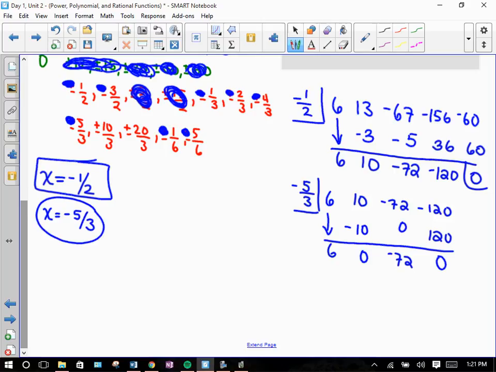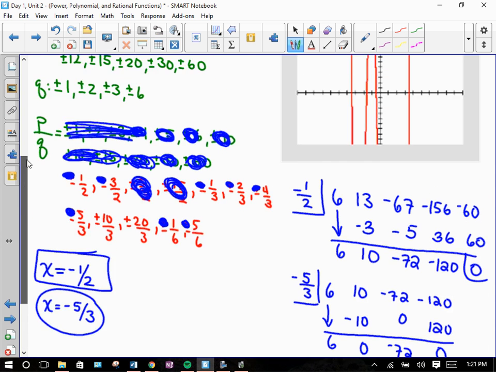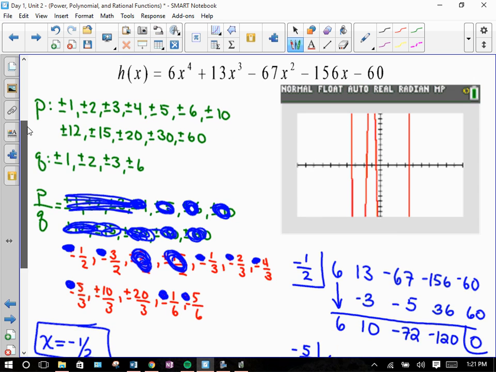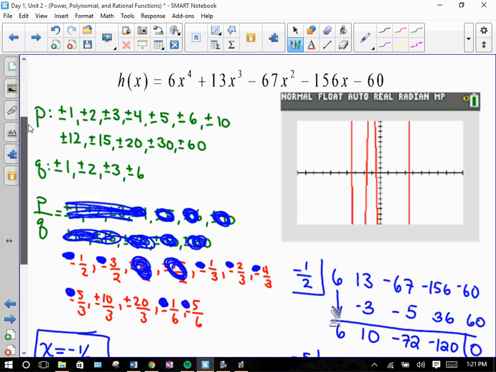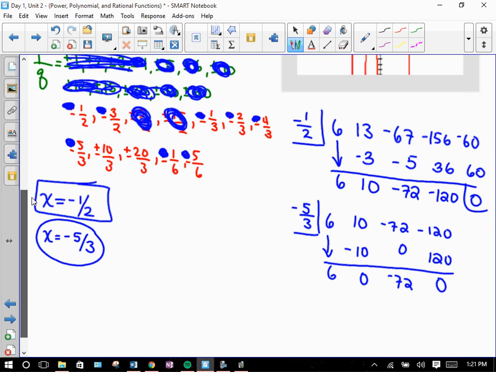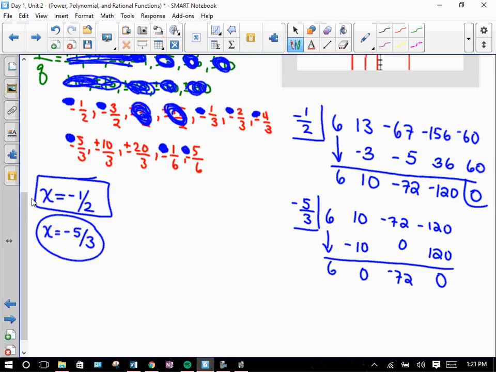Alright? Now, that point, remember what we talked about. The initial degree of this function was 4. Alright? And we divide this, we find a 0. That means we're factoring something out. So this degree right here would be to the third power.